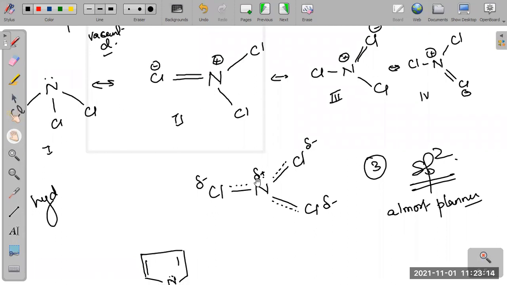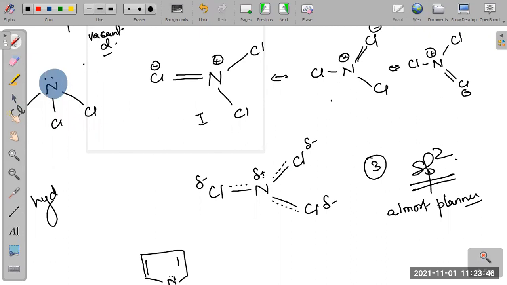In it, nitrogen develops a delta positive charge and all chlorines develop a delta negative charge. Not only this, the hybridization of nitrogen changes from sp3 in this case to sp2 in this case. That becomes a major reason why we never call this structure a canonical structure.